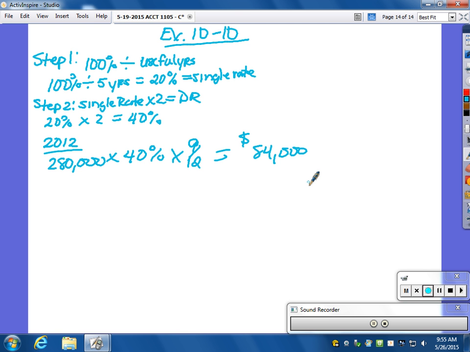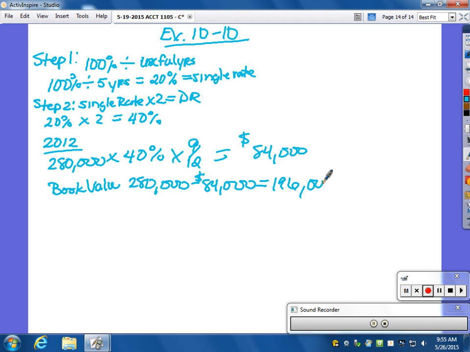That's the book value for 2013. That's your depreciation, but you're trying to get your book value for 2013, right? So for book value, we do 280 minus that 84,000, which gives us 196,000.